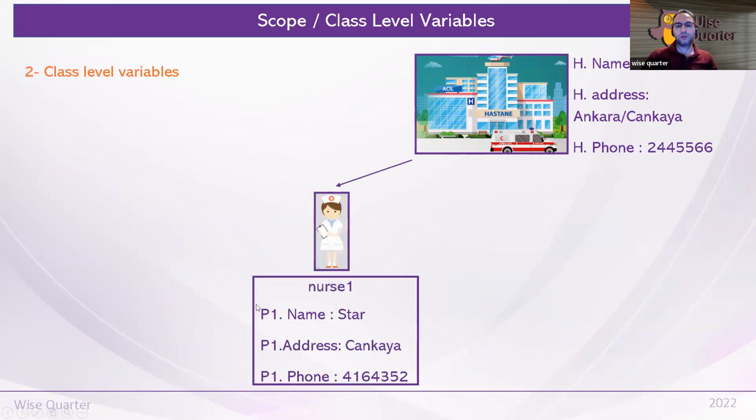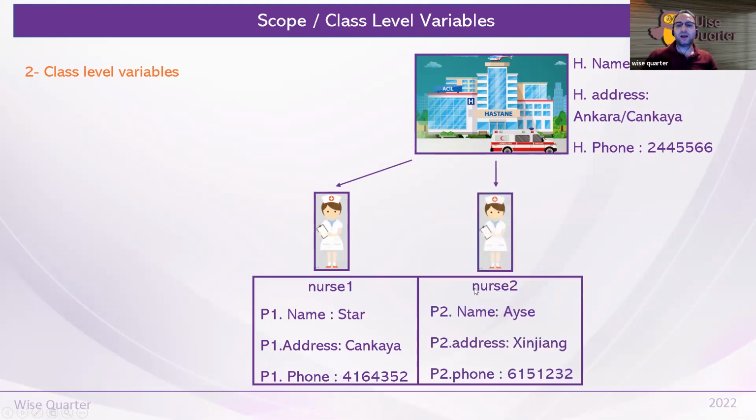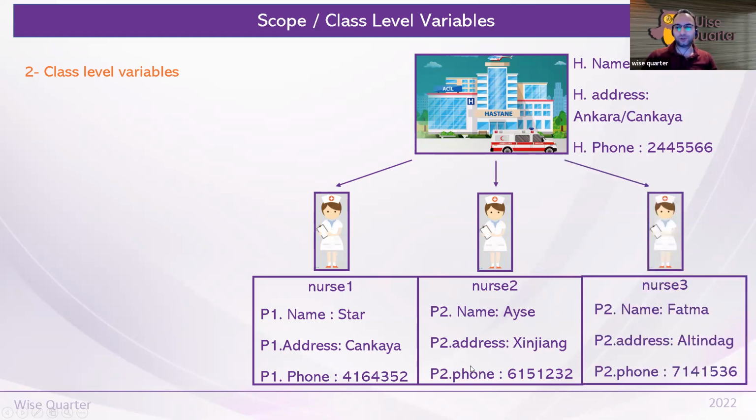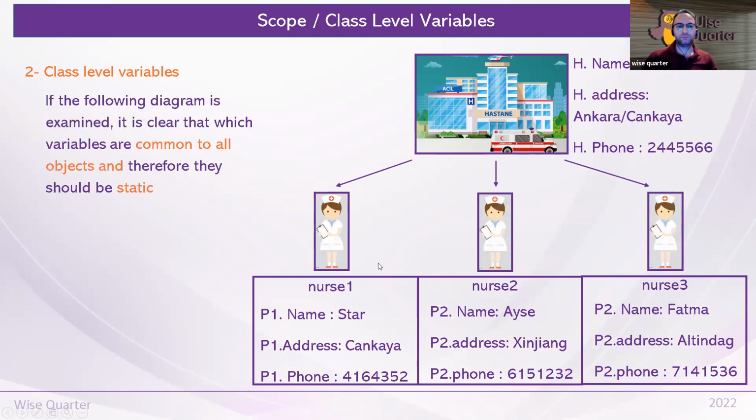The first nurse, the name is Star, address is Chankaya, and she has a phone number. Don't try to call it, it's a random number. When you have another nurse, she has a different name, the address will be somewhere else, and the phone number will be different, of course. Another nurse, Fatma, different address, different phone number. Things like that. If they are changing for each person, they should be instance variables. They shouldn't be static.